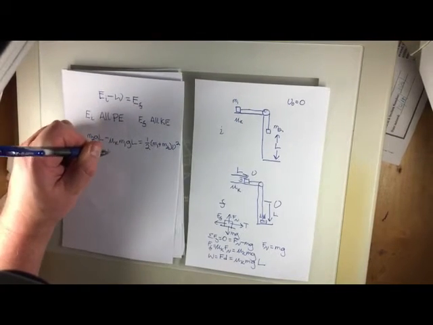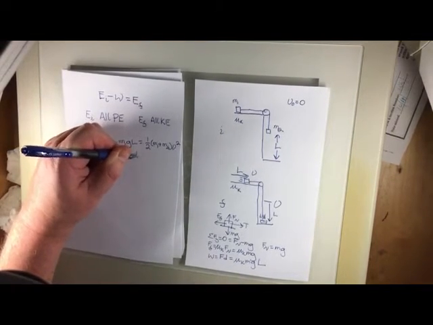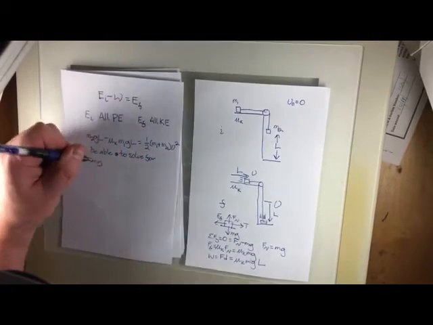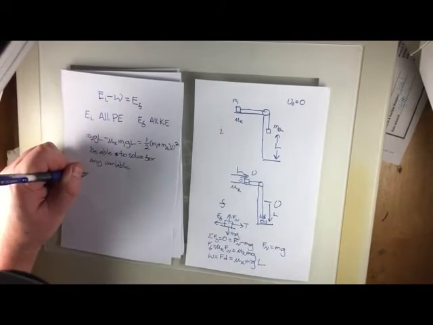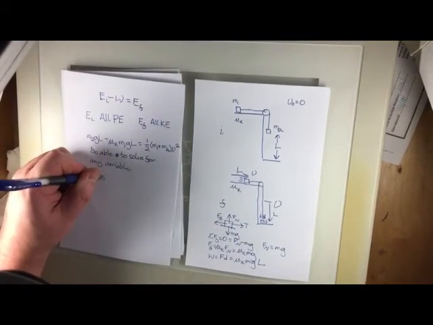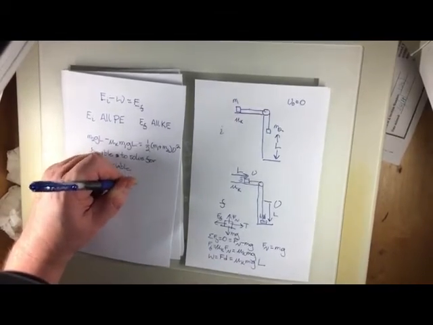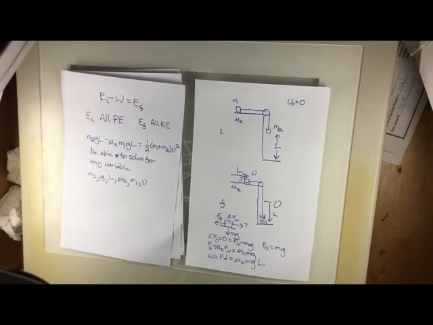Be able to solve for any variable. Be able to solve for M2, G, L, mu sub k, M1, and V. Just use it as an exercise in algebra. Just be able to say, all right, I'm going to solve for mu sub k. How do I isolate it?